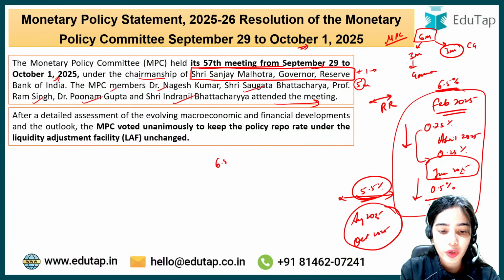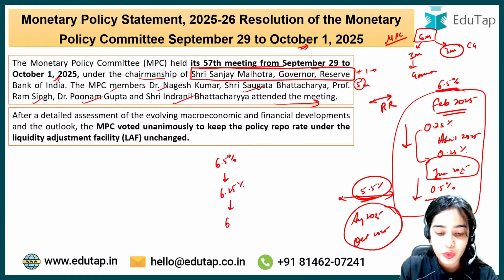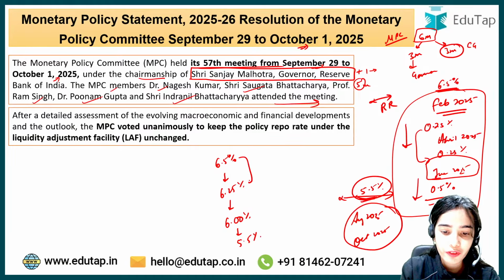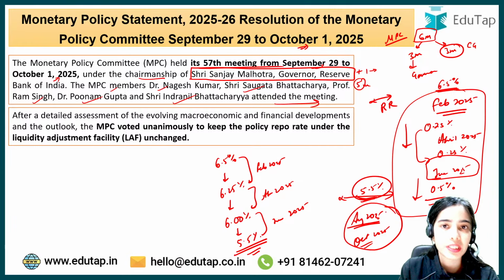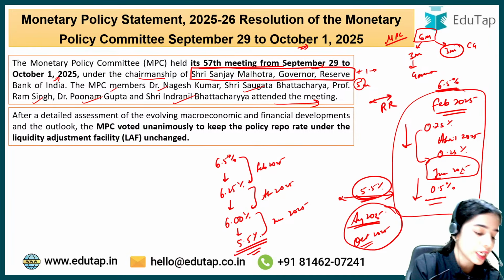Okay, from 6.5% the repo rate was decreased to 6.25%, then to 6%, then to 5.5%. So in February 2025 the repo rate was decreased, then in April 2025, then in June 2025, and in the August MPC and in the October MPC it has been decided to keep the repo rate unchanged.